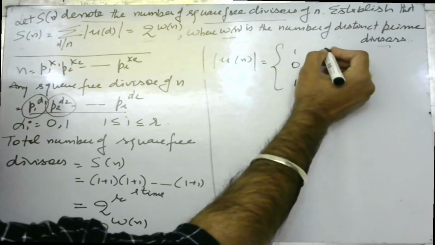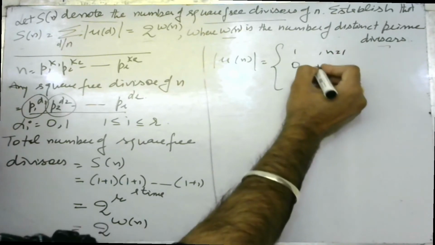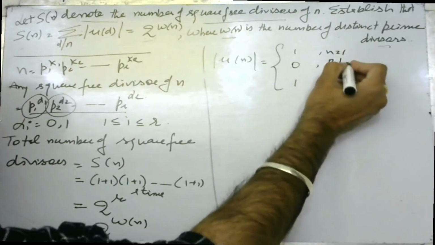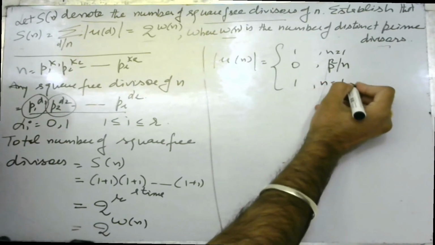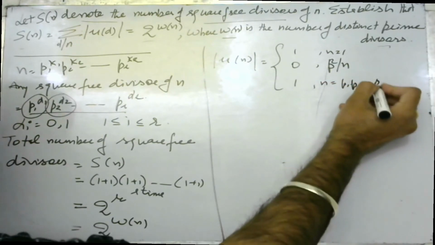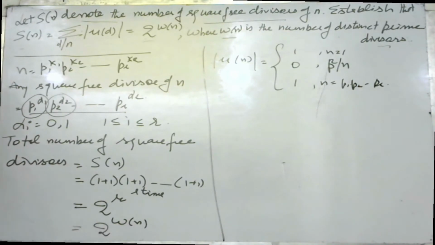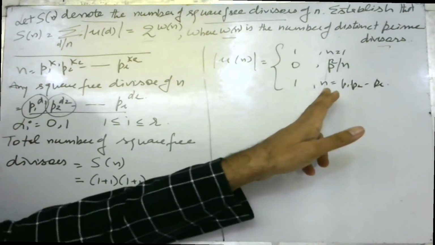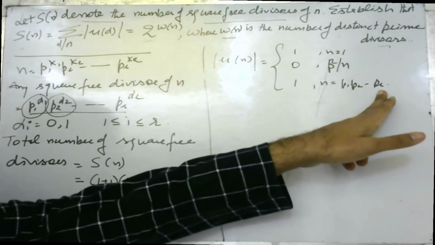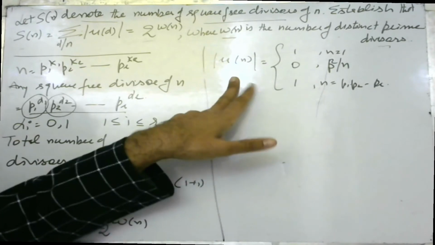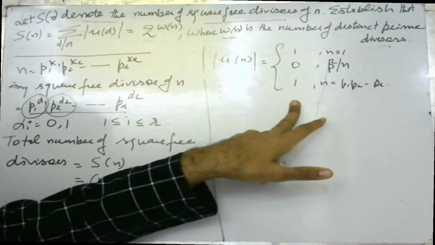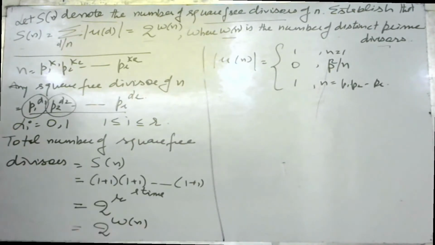It is 1 if n is equal to 1, 0 when some prime square divides n, and when it is p1, p2, ..., pr with r distinct primes, we have to take (-1)^r. But because of mod, the only possible value is plus 1.